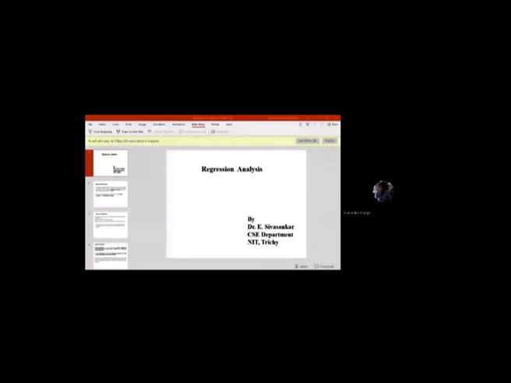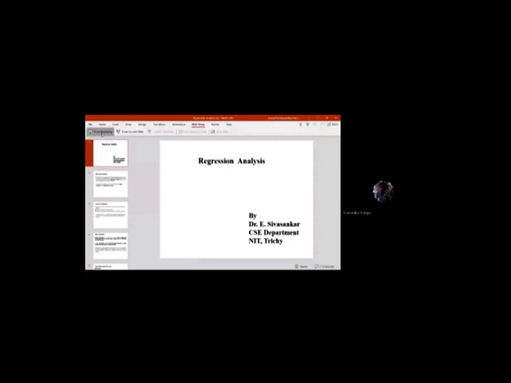I will give you some theoretical foundations of regression analysis, and we'll try to solve some problems in linear regression and logistic regression. I will also demonstrate how to code it and how to execute it in R programming. To start with, we'll have an intro about regression analysis.